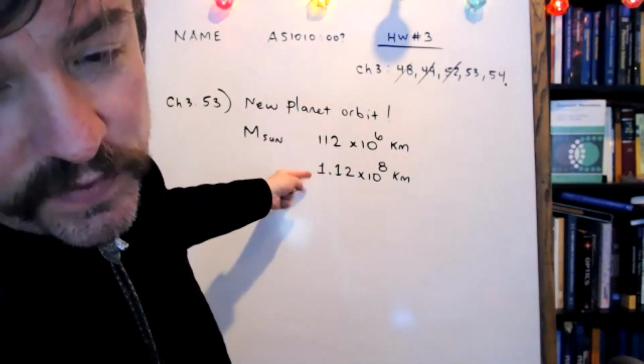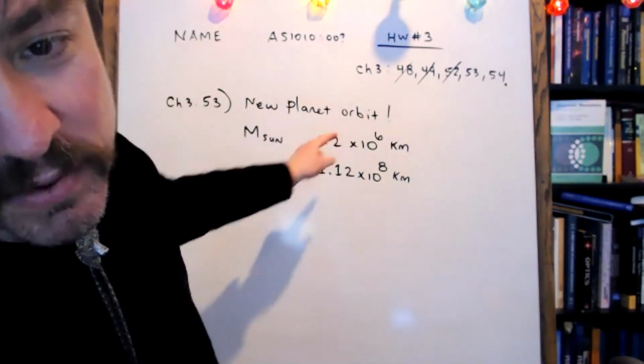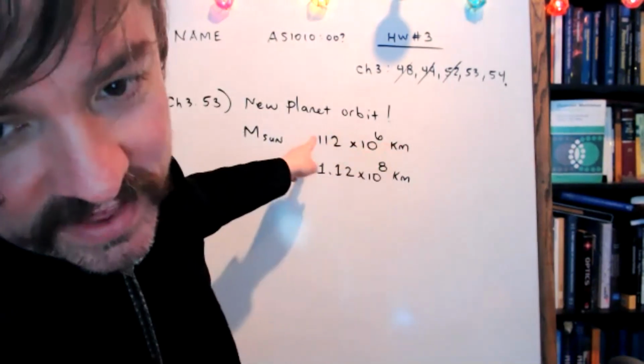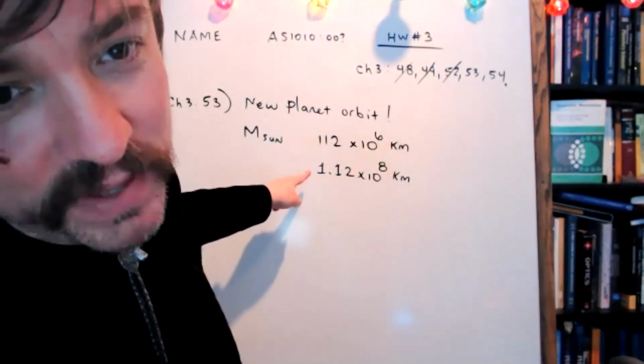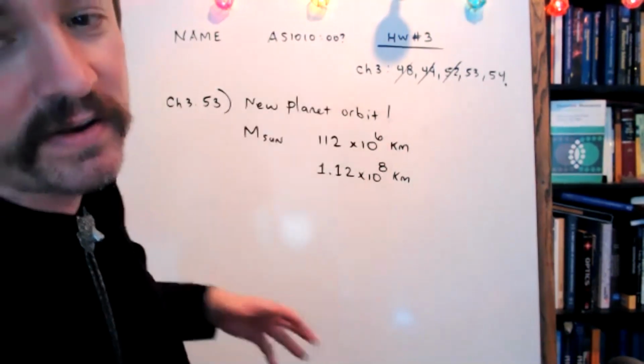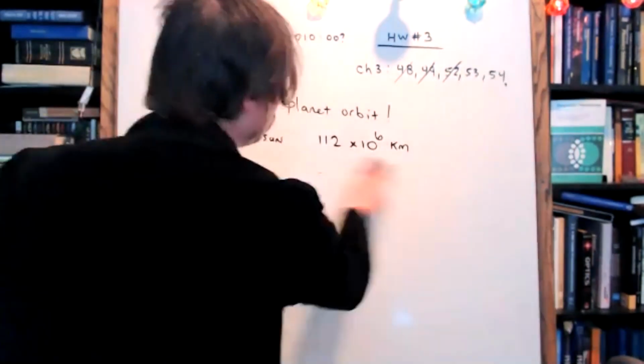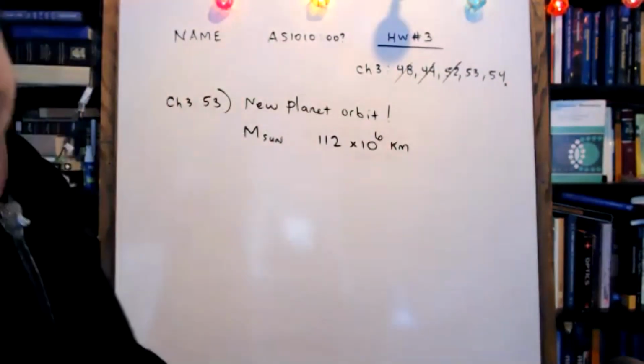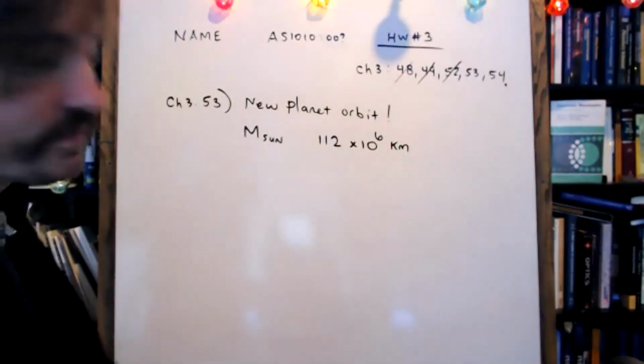The only thing is, because they wrote it in the book as 112 with the word million, she would first have to do this in her head and then move the decimal place 2 more places. So she has to think harder. I just wanted to show you guys that when you see the word million, you just plop down 10 to the 6. That was the moral of the story.